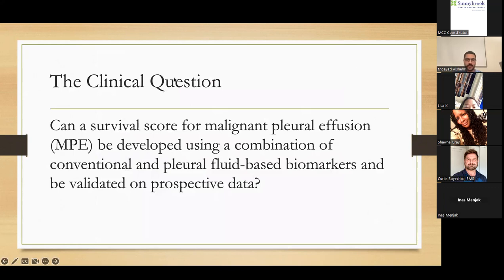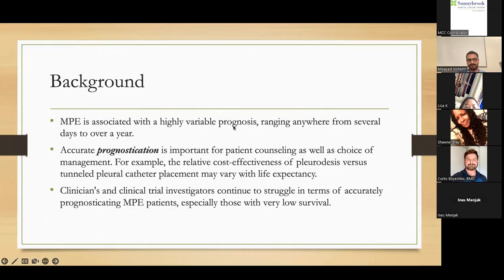The clinical question was: can a survival score for malignant pleural effusion be developed using a combination of conventional and pleural fluid-based biomarkers and be validated on prospective data? The background: MPE is associated with a highly variable prognosis, ranging anywhere from several days to over a year.